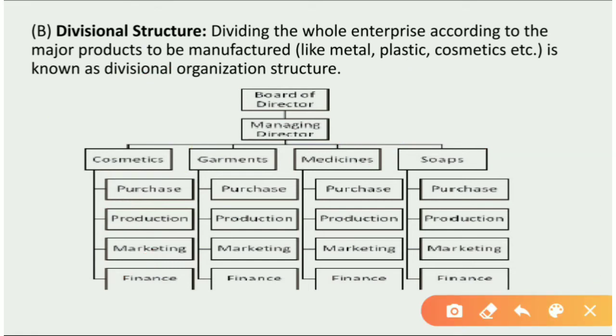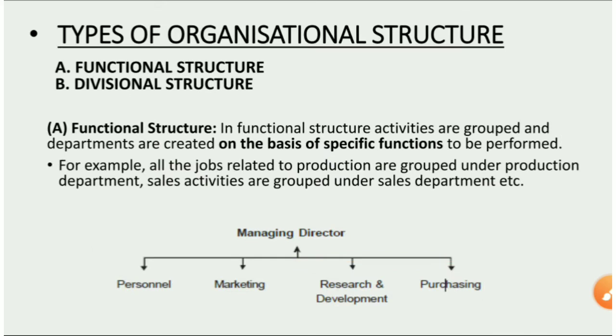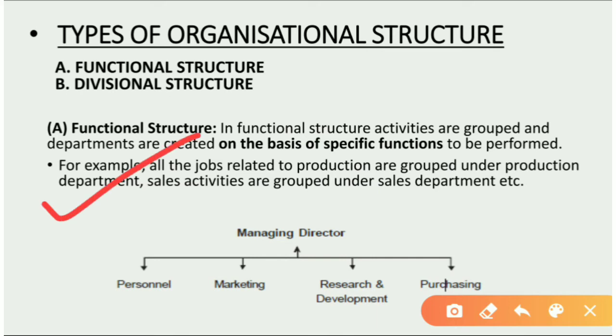See students, any organization which produces only a single product, like an organization that deals only in cosmetics, can follow the functional structure, meaning the simple structure, because it is dealing in only one type of product.